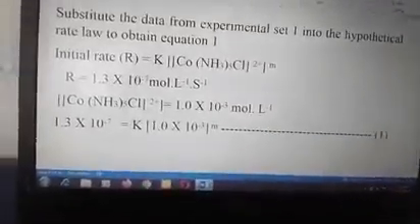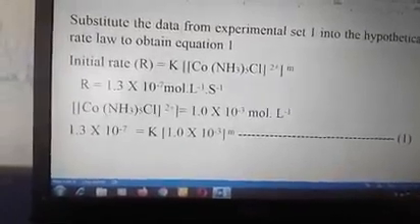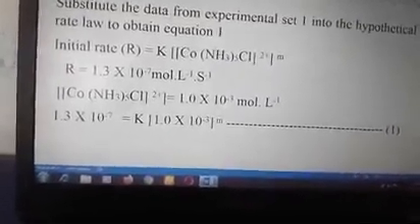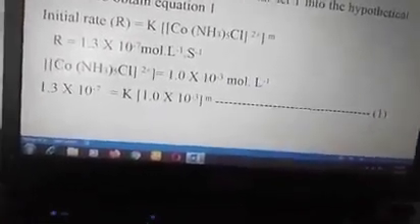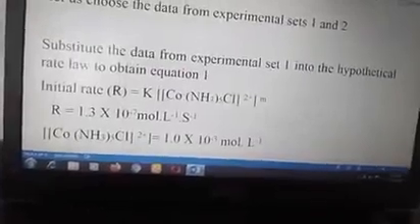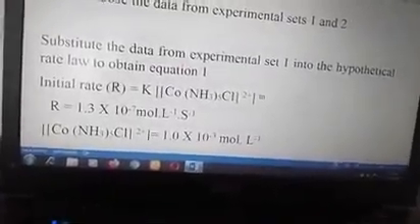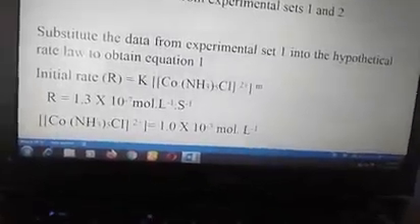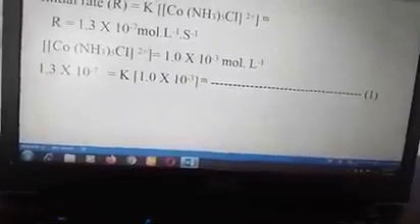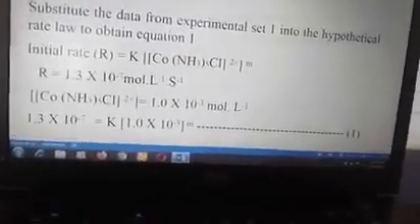As you can see there, the rate of reaction is 1.3 × 10^-7, and the cobalt complex concentration is 1.0 × 10^-3 mole per liter. So we replace the initial rate with 1.3 × 10^-7, and replace the cobalt complex concentration with 1.0 × 10^-3, to the power M, and that gives us equation 1.